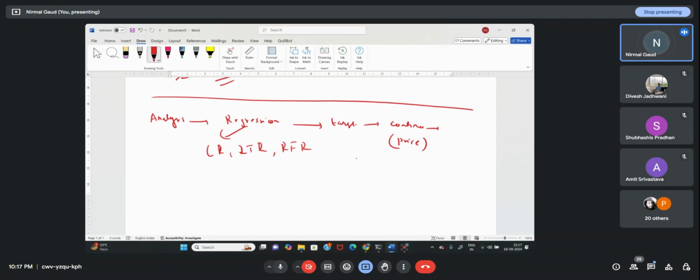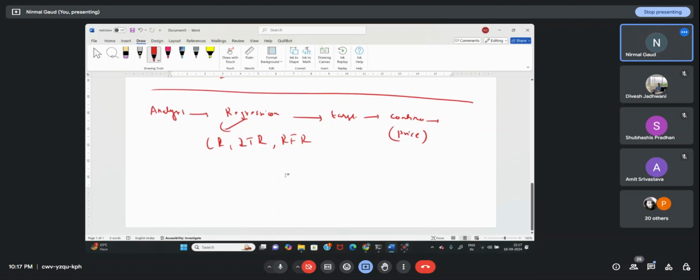Okay, but in our data set, we do have a time column, and in any data, if you are available with the time column, you have the flexibility to use another algorithm apart from regression, that is time series.